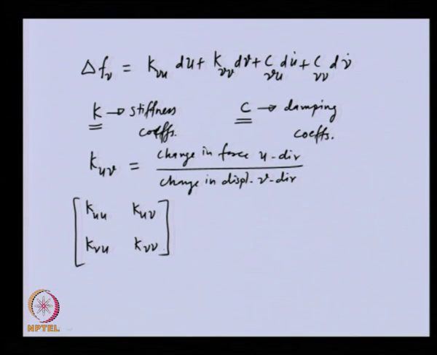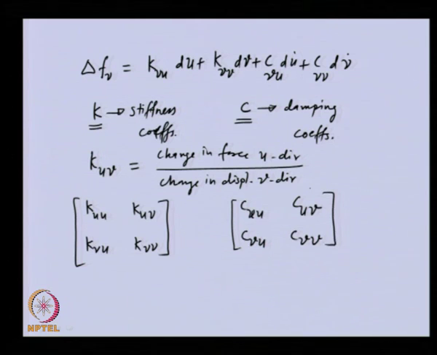In this you can see this is u, KUU, KUV, and this is KVU, and this is KVV. So, these four stiffness terms, and similarly we have 4 damping terms: UV and VU and VV.